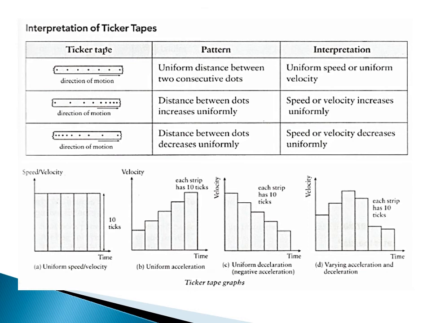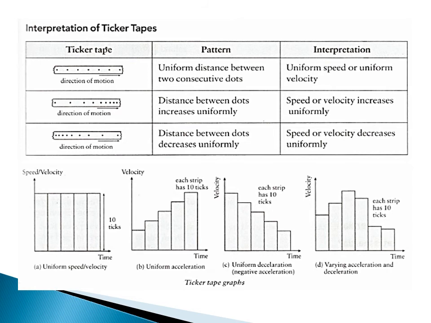Okay, now we go to the diagram, because the diagram is very important also. When you cut the tape into strips with the same number of ticks, for example, this one has 10 ticks, you can see the length of the strips is the same, which shows uniform speed or velocity.